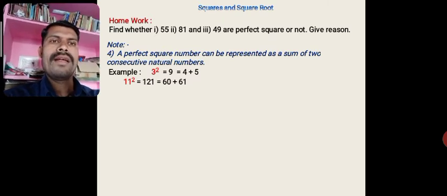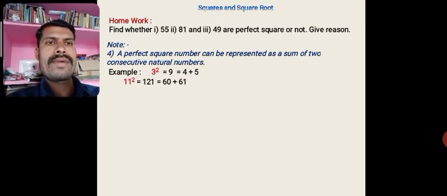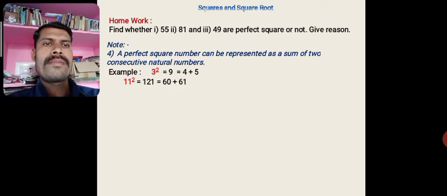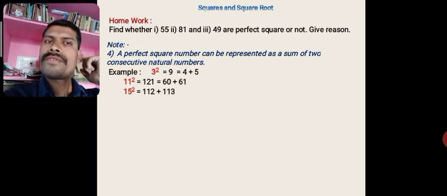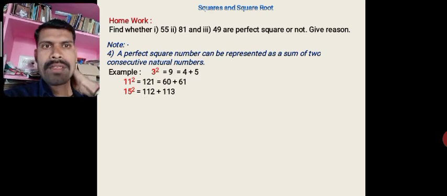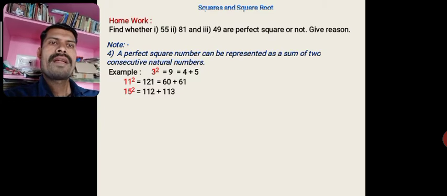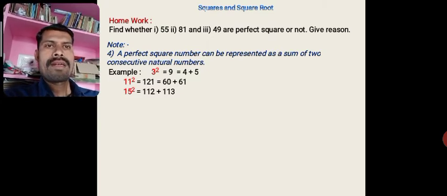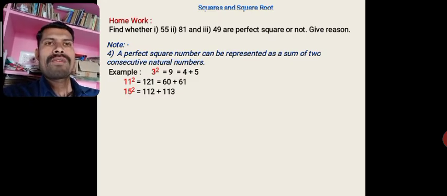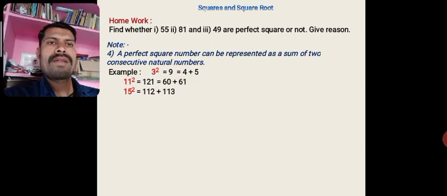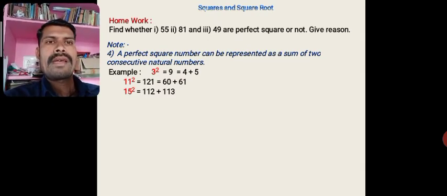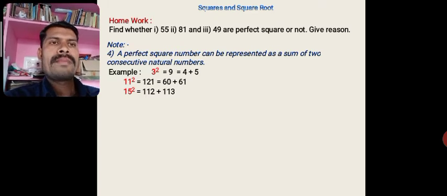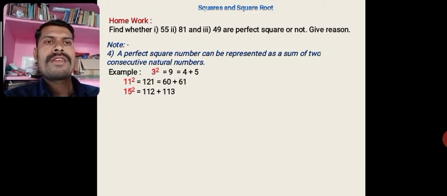In that way we can represent this 60 plus 61 as the sum of two natural numbers. 60 plus 61 is again 121. So 15 square can also be represented as 112 plus 113. 15 square is 225. The 225 can be written as 112 plus 113. In this way we can represent any perfect square number as a sum of two consecutive natural numbers.